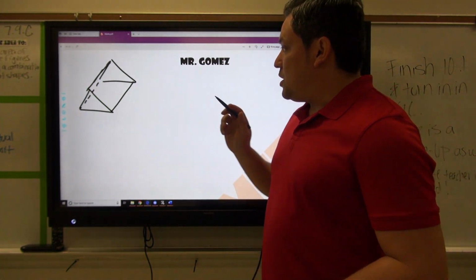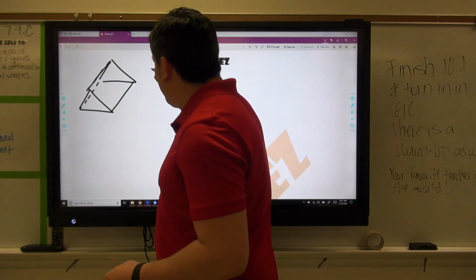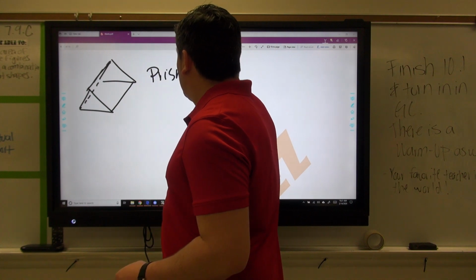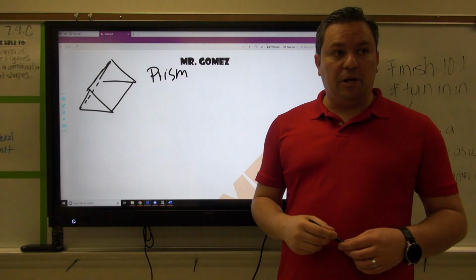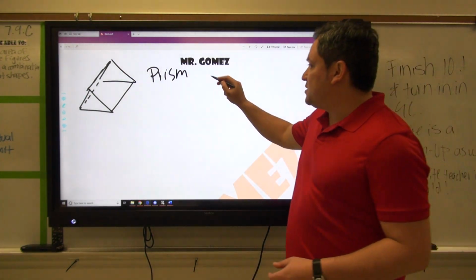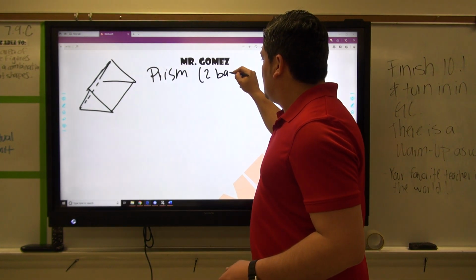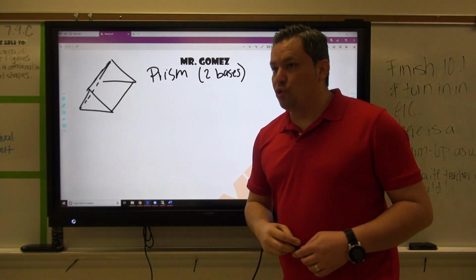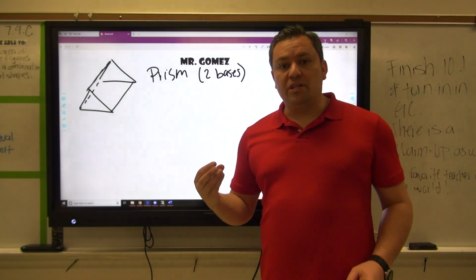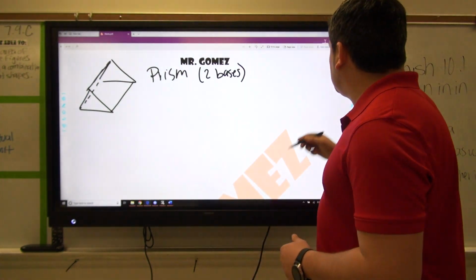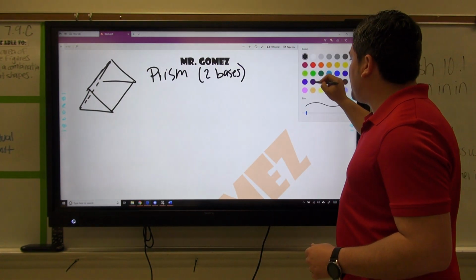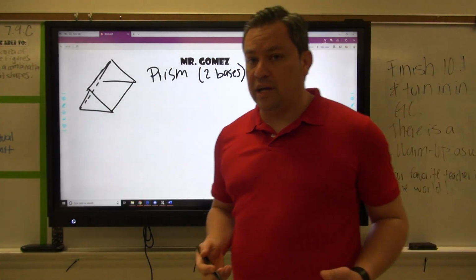Now, things to recognize. This is a prism because it has how many bases? Two bases. All prisms have two bases. Okay? And they're going to be the same shape. In this case, I'm going to start changing colors to identify and label things.